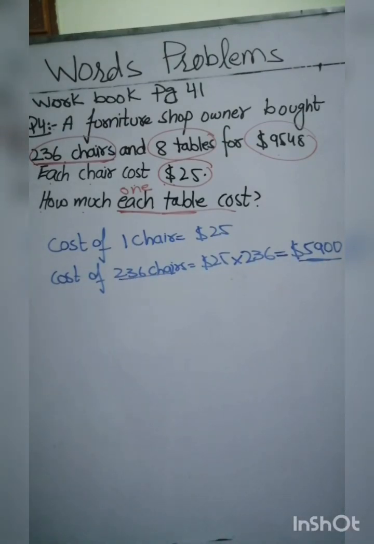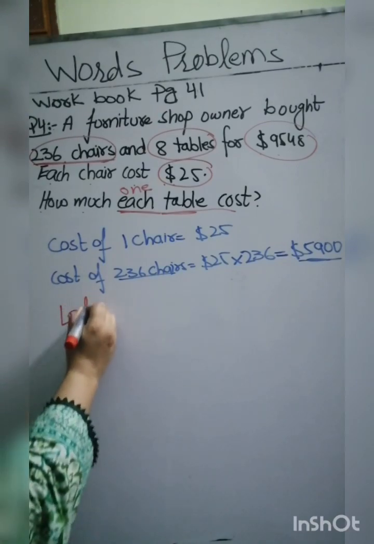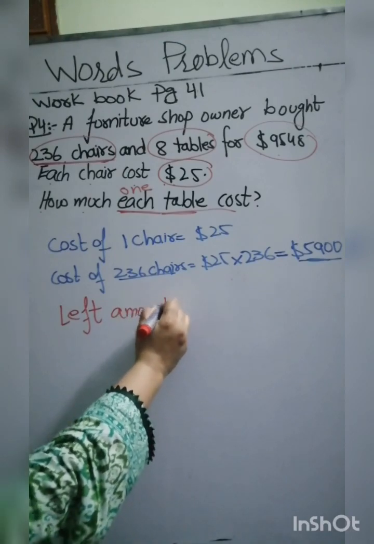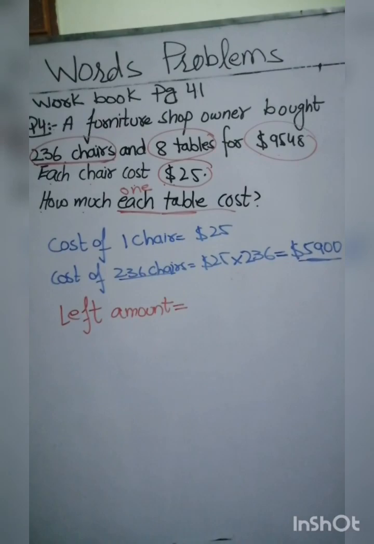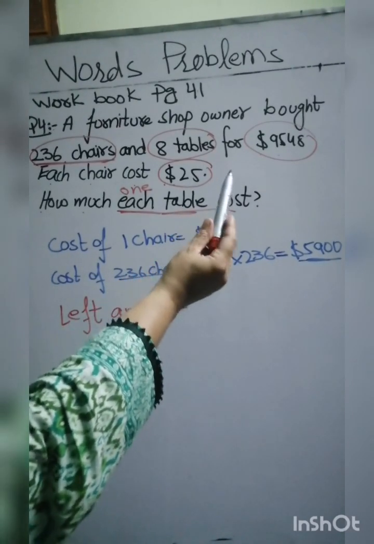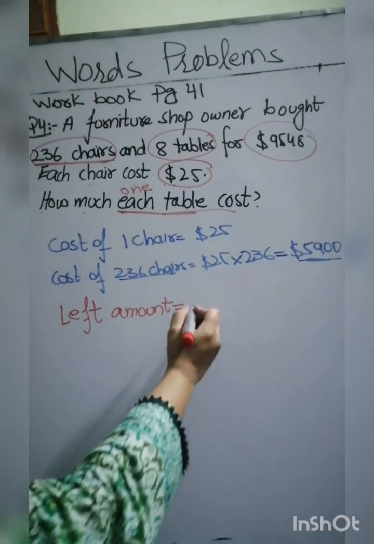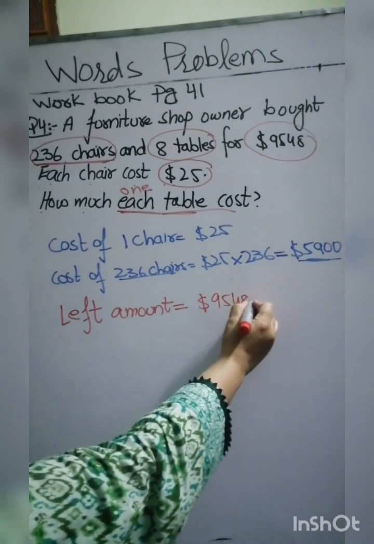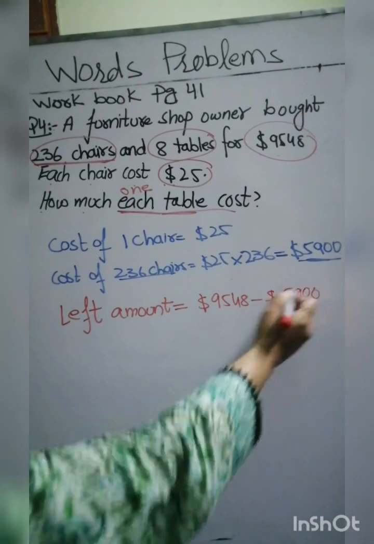Now we find the left amount. How much amount is left after finding the amount of 236 chairs? We subtract the total amount of 236 chairs from the total amount. $9,548 minus $5,900.